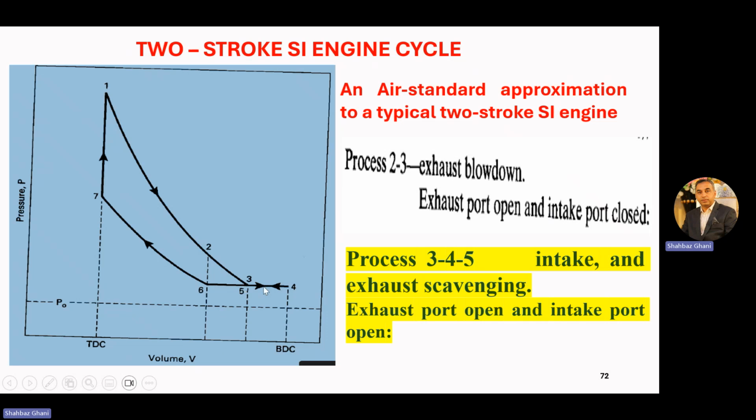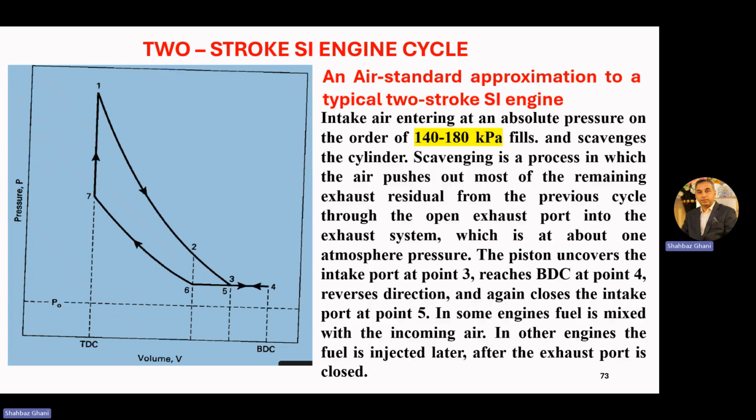So we have intake and exhaust sequencing. The exhaust port and intake port are common. So 3 to 4 and 4 to 5 is your intake and exhaust sequencing. At point 5, the intake port is closed. Now let's see what happens next.